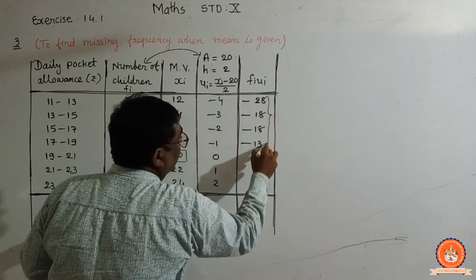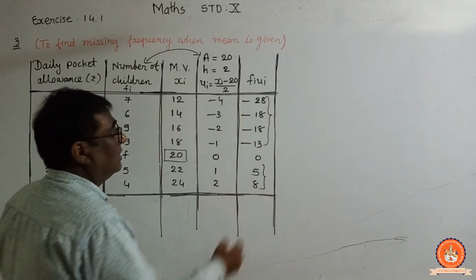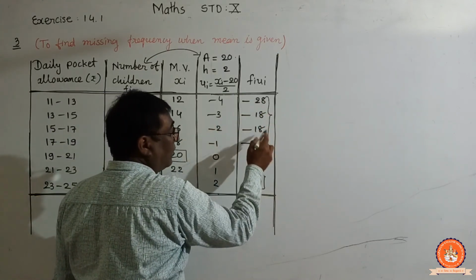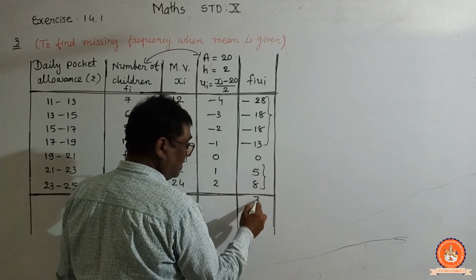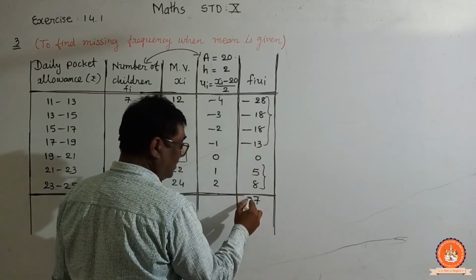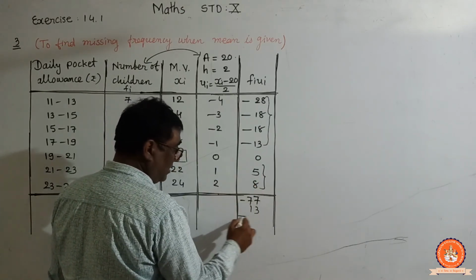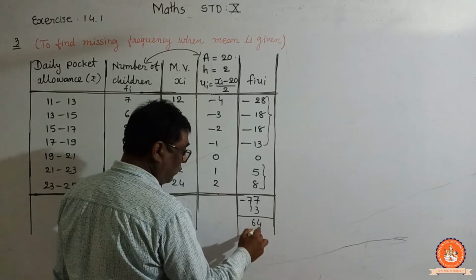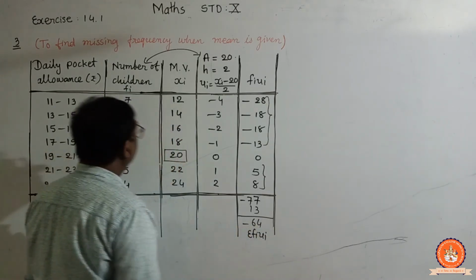Okay, so it's the sum of negative numbers: 28, 18, 18 is 64, and 13 is 77. The remaining 5 and 8 is 13, plus 5 is 18... so that is minus 77 and plus 30. It is minus 64, that is sigma fi ui.